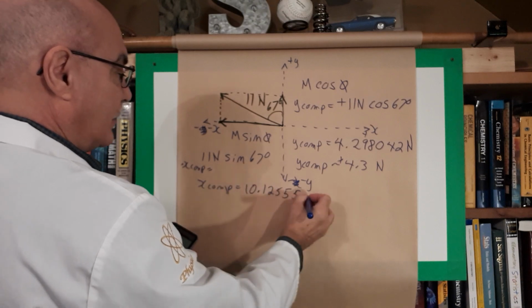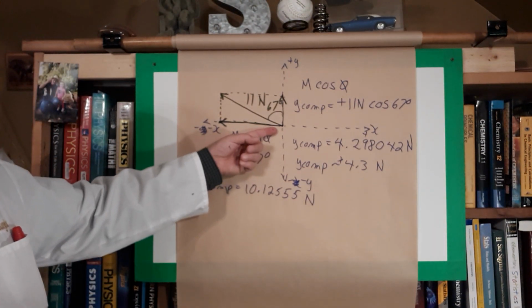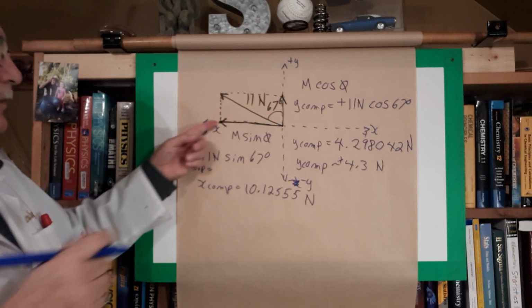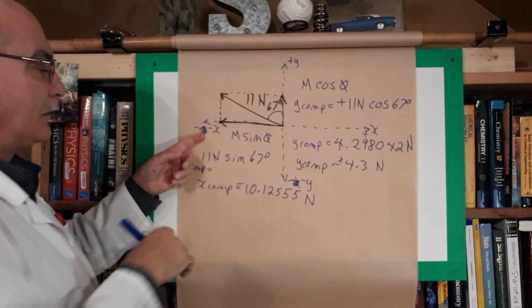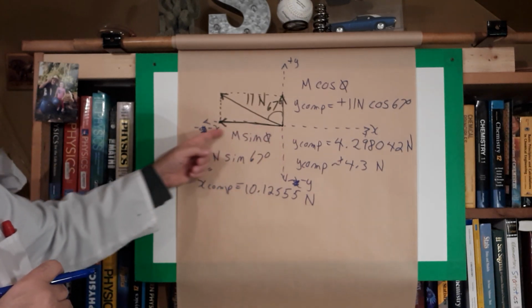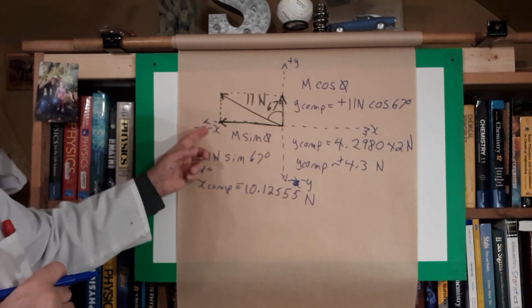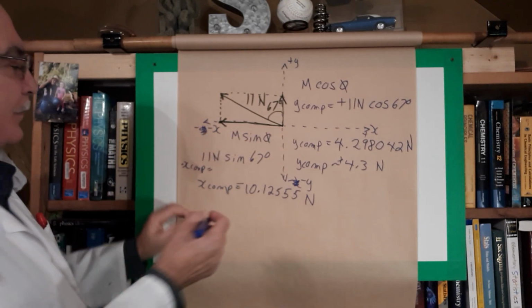And the unit's going to be newtons. But this time, the direction is in the negative x direction, so this has to have a negative sign. It's minus 10.1 according to the coordinate system which we have built here. The x component has to be minus 10 going in the negative direction.